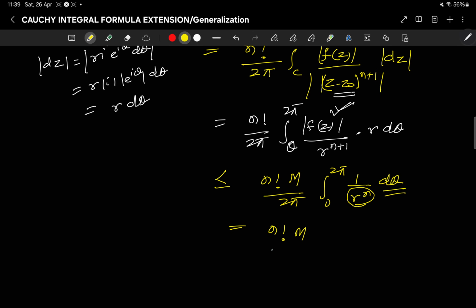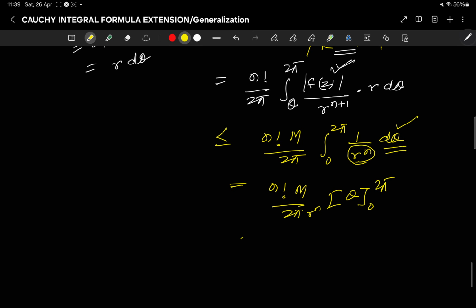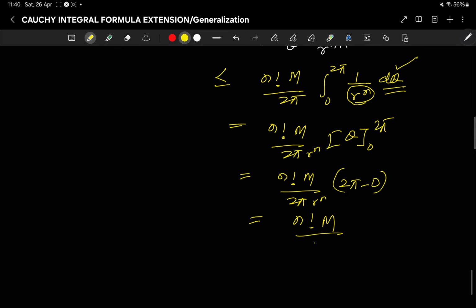So n factorial M by 2 pi r to the power n, the integration of d theta is theta from 0 to 2 pi. So this is equal to n factorial M by 2 pi r to the power n times 2 pi minus 0, right? So 2 pi cancelled. So this is n factorial M by r to the power n.